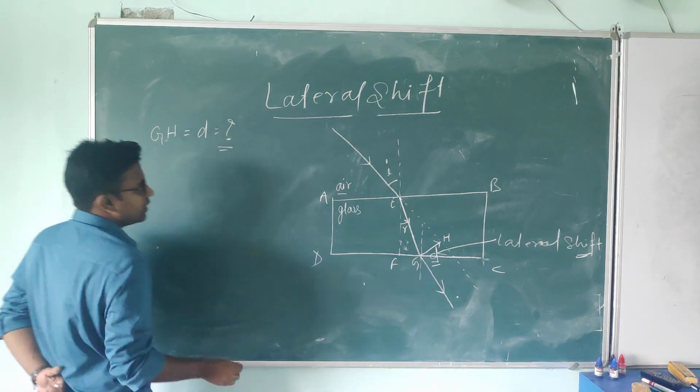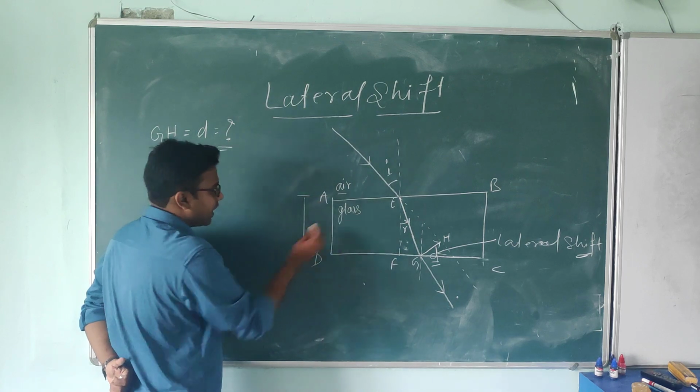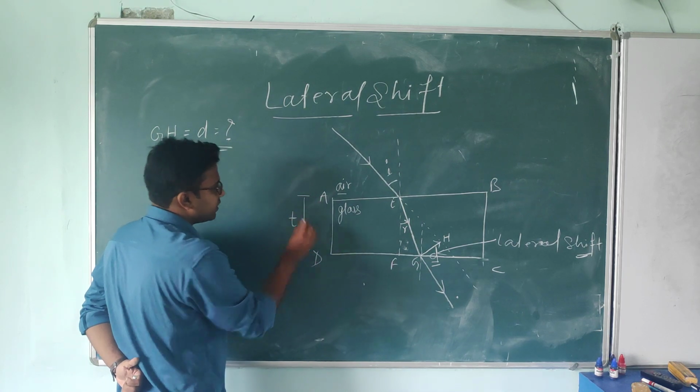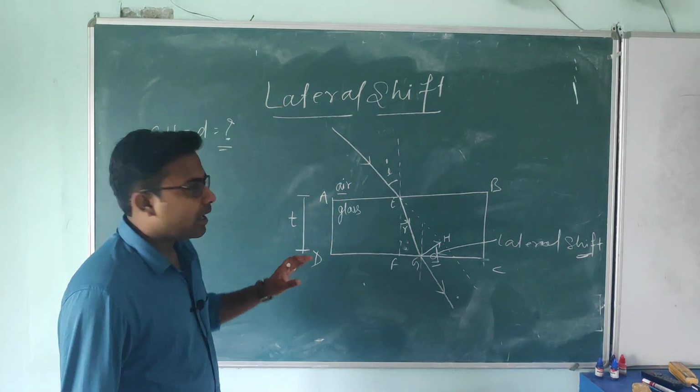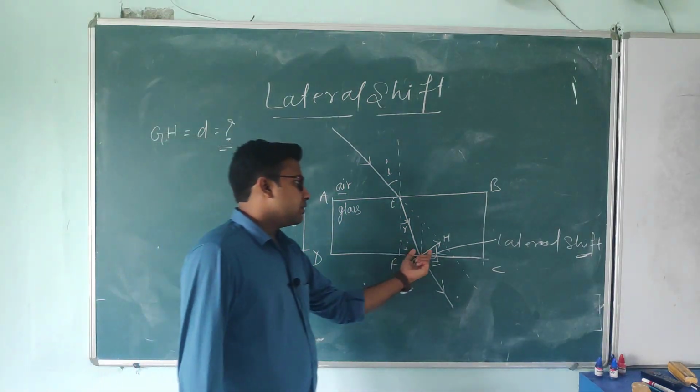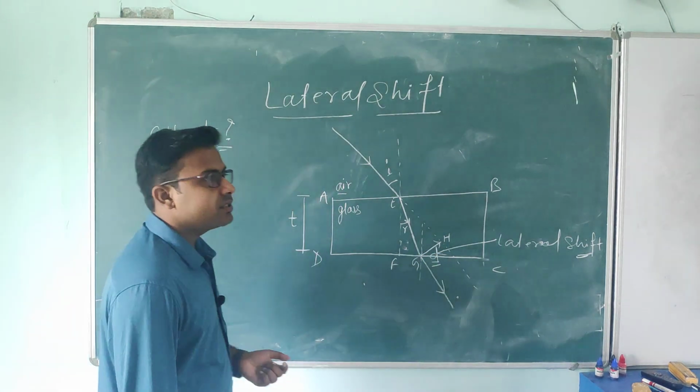And here the thickness of this glass slab I am assuming is t. So in terms of i, r and t I am going to find the lateral shift, or this GH.